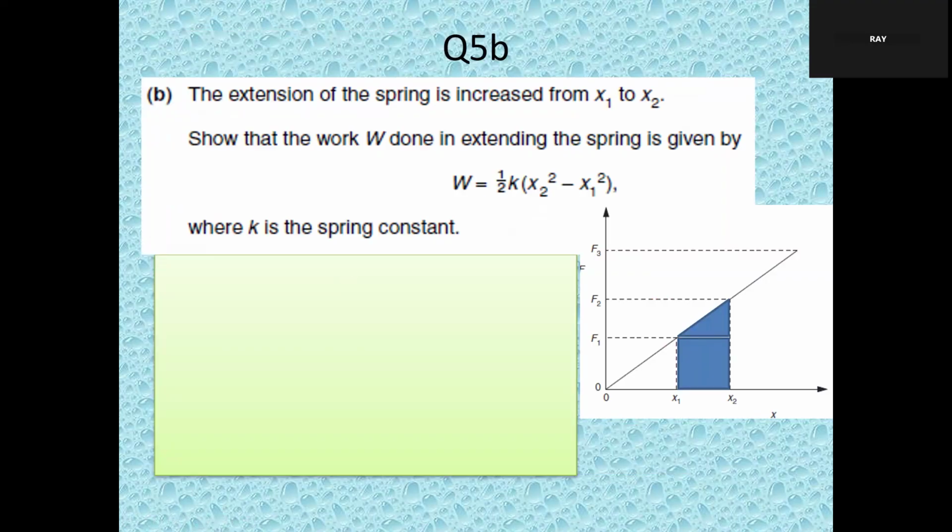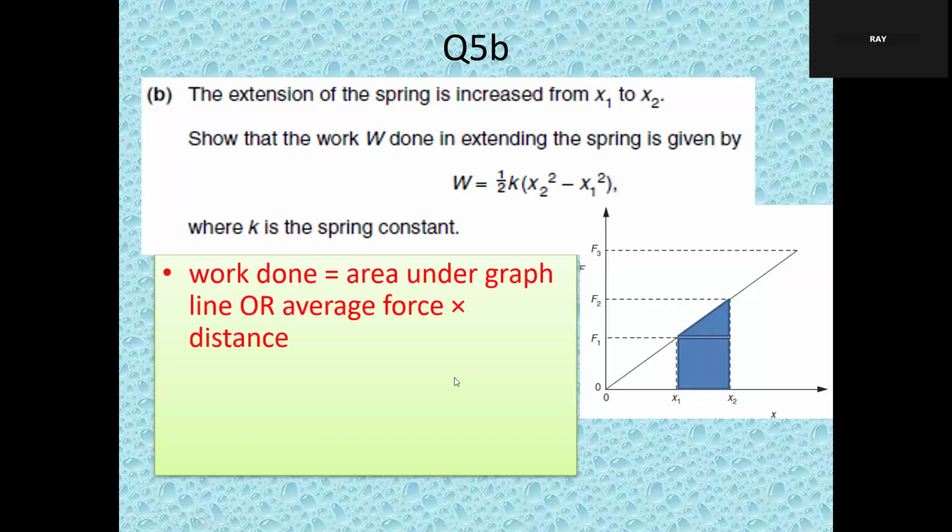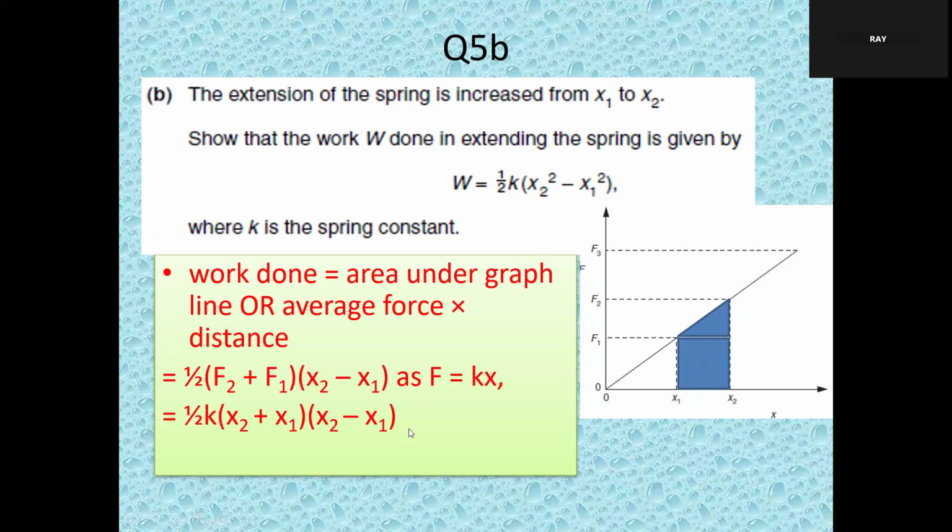Show that the work done is equal to that. That's the area. Work done is area under the graph, or average also. Either you do that and then replace F1 and F2 with that formula there.